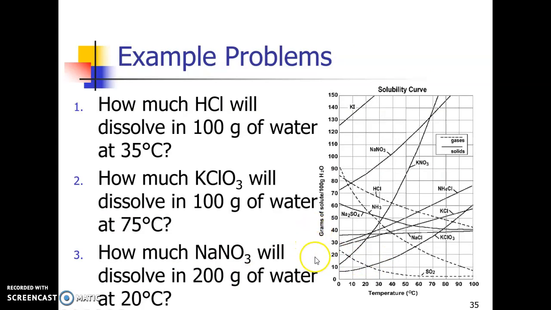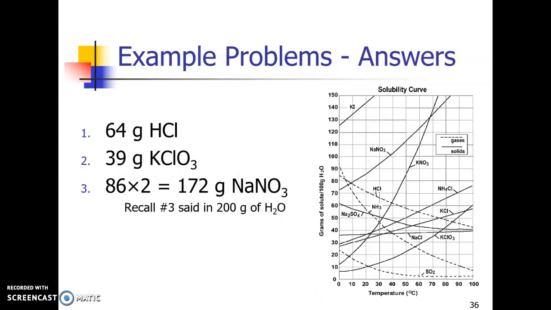Alright, so give these example problems a try, pause the video, and then come back to it, and you'll be able to see if your answers were correct. Alright, so here are the correct answers, and as long as you were within 1 or 2 grams, each of these will be fine.